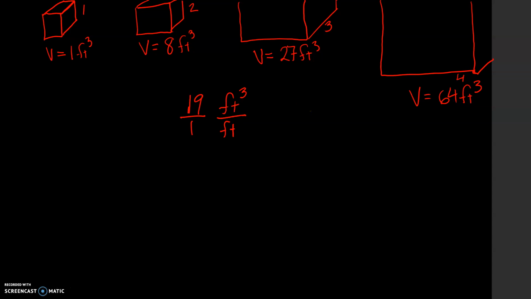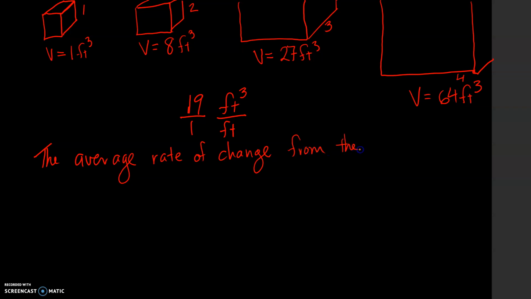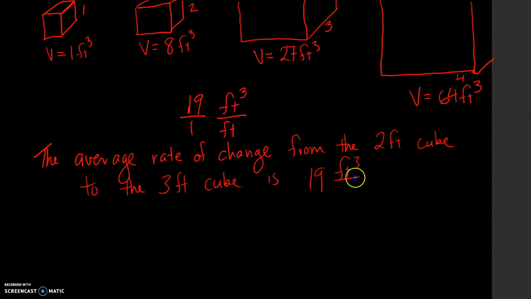So we could say maybe the average rate of change from the 2 foot cube to the 3 foot cube is 19 cubic feet per foot.